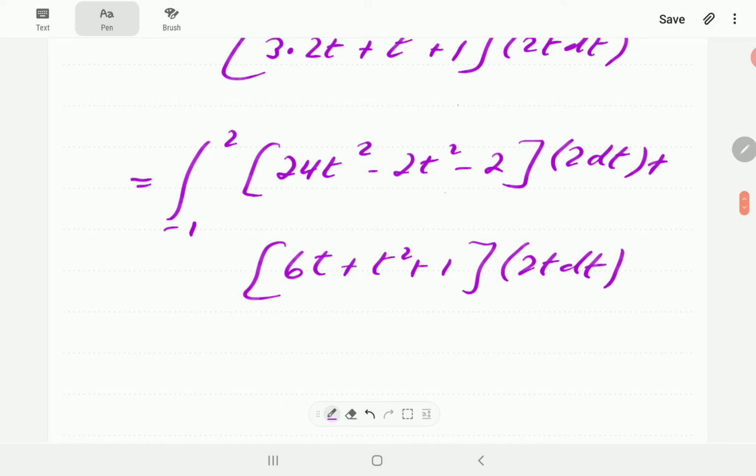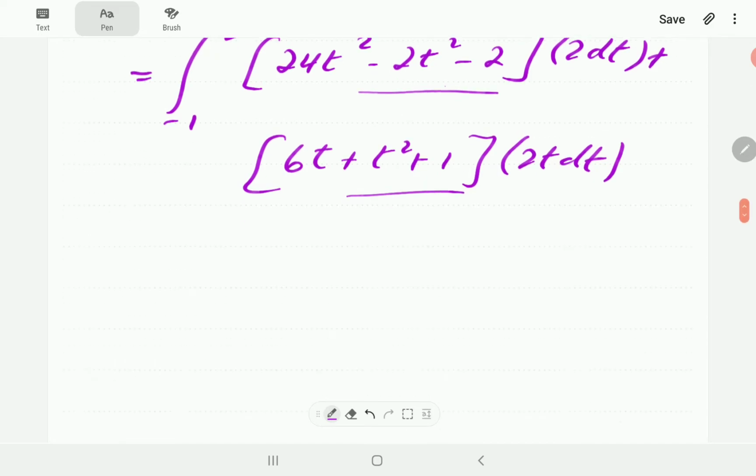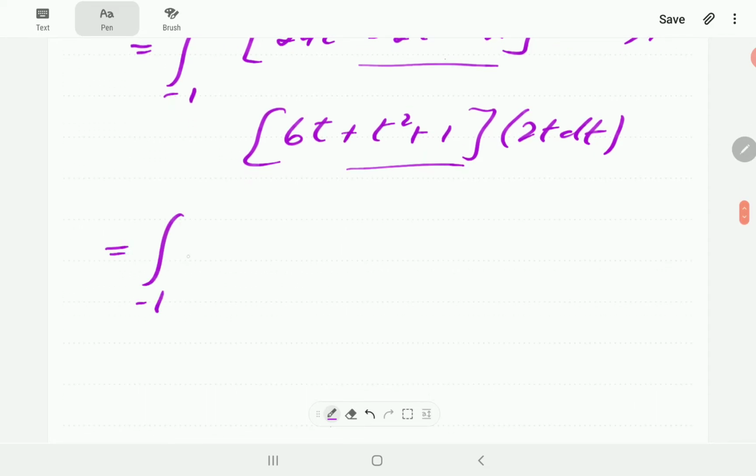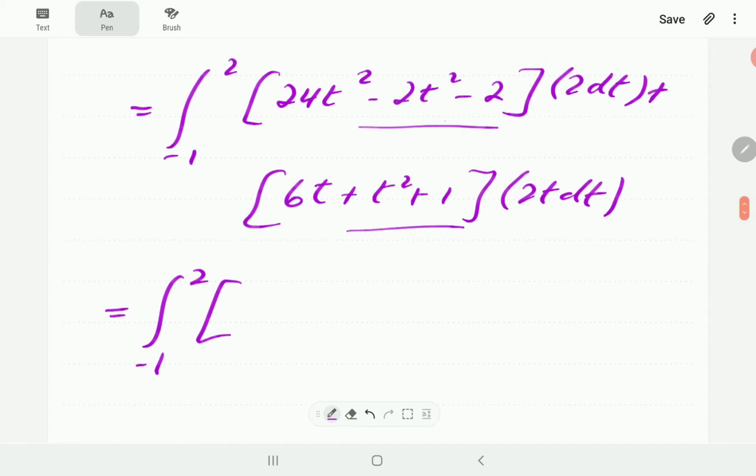Okay, and then if we multiply through by 2 here and by 2t here, then we're going to have, let's just do this first. 24 minus 2 is 22, and then times 2, that's going to be 44t squared, and then minus 4.